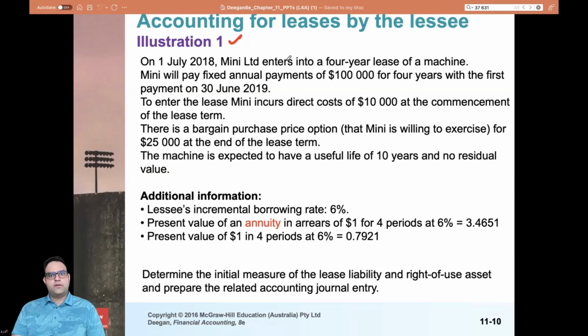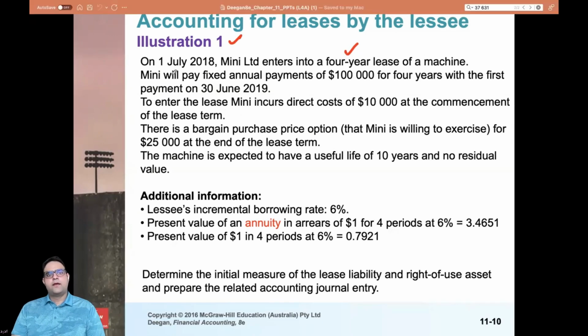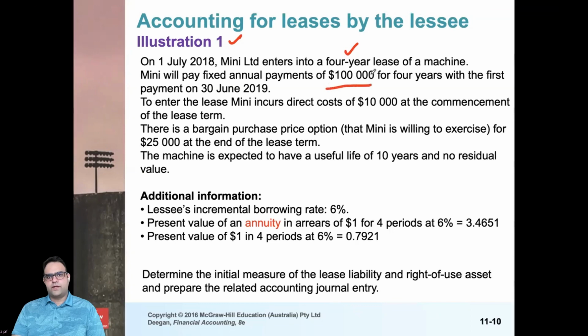Say there is Mini Limited, which enters a 4-year lease contract for a machine. Mini will pay a fixed annual payment of 100,000 for 4 years, with the first payment to be paid in the next year. So you enter the contract in 2018 and need to make a payment in 2019.